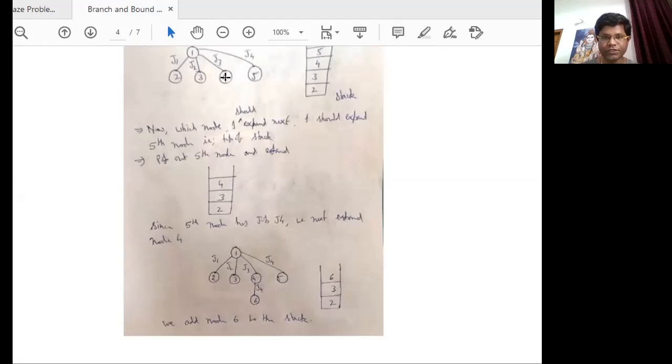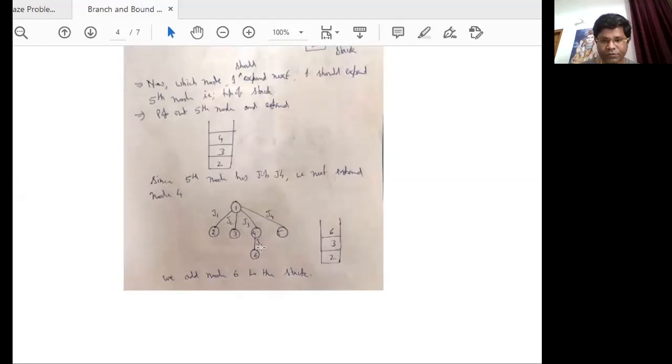Node 4 has job J3. So yes, we need to expand it, and after expanding, it has one remaining job, that is job J4. Since we are expanding the tree, the next job is J4, denoted by node 6 and labeled as job J4. So node 4 is expanded via node 6. 4 is popped out, and in place of 4 we insert the expanded node, node 6.